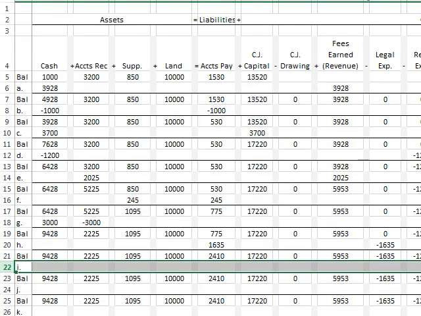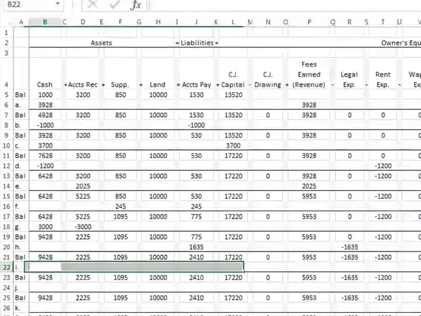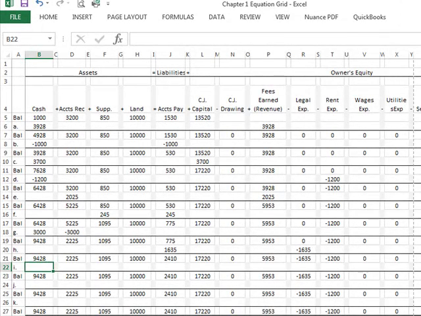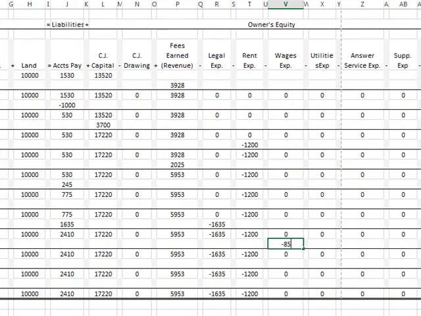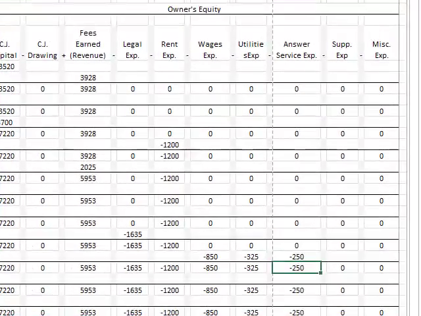We're paying a lot of bills, but we're only going to reduce one amount in cash. So let's enter the bills that we're paying. We had wages of $850. So put that in. We had utilities of $325. We need to pay our answering service $250. And then we had some miscellaneous expenses of $75.